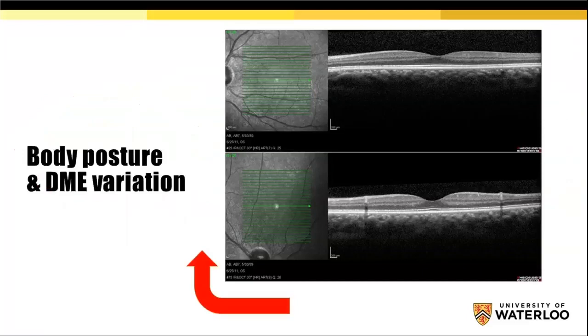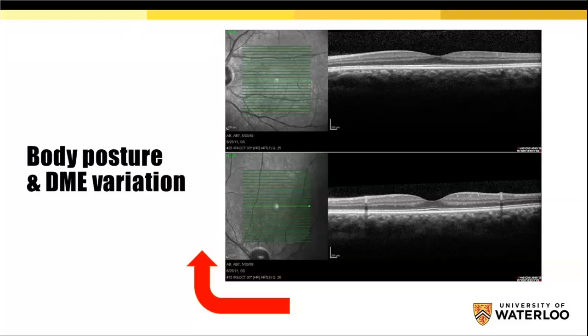And this just shows some of the SDOCT scans during that study. In order to measure the person lying down, we had to measure them on the side. So we kept them horizontal, in the supine position, but moved them onto the side. We removed the headrest from the instrument so that we could get the scanning head close enough to the eye.